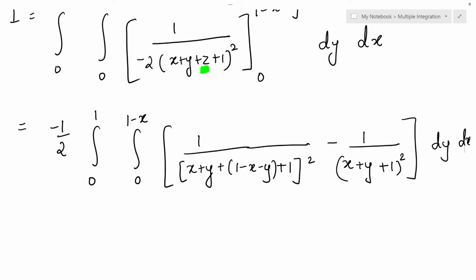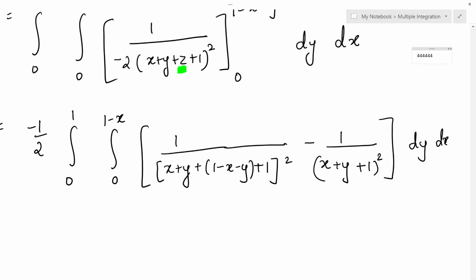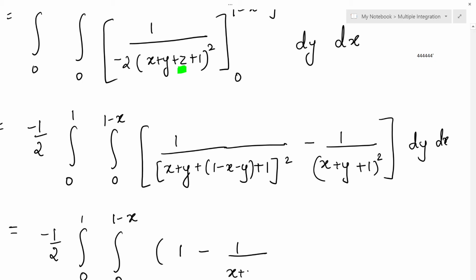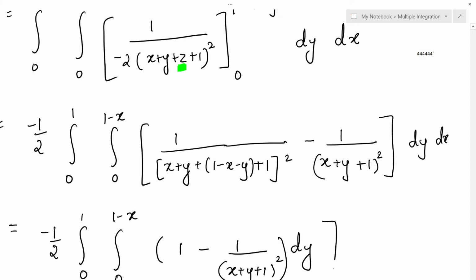Now I will have to integrate this with respect to y. Let me first simplify. 0 to 1, 0 to 1 minus x. This will go away. You will be left with 1 minus 1 upon x plus y plus 1 the whole square. We will integrate with y now, and last I am going to do with x.